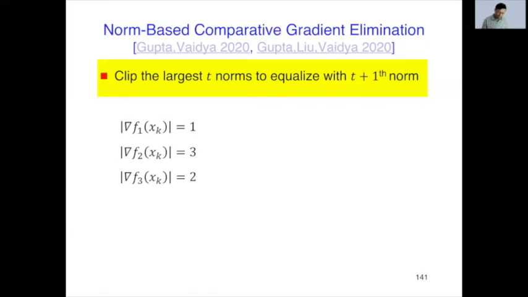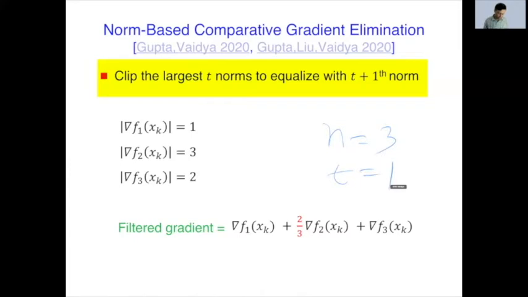So suppose that we have n equal to 3 and t equal to 1. Then we are going to take the largest norm, which is the t norms, just one of them. We're going to make it equal to the second largest norm, which happens to be 2. So how do you convert a vector of length 3 to length 2? Just multiply the vector by 2/3. That just scales the vector, keeping the same direction and only changing the norm.